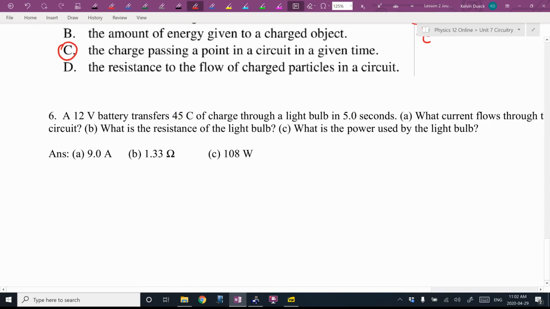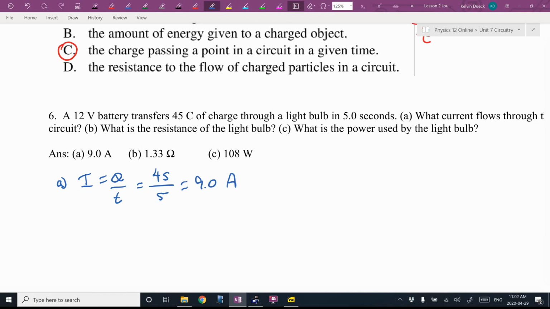So what do they want me to find? First of all, what current flows through the bulb? Current is Q over T. So it's going to be 45 divided by 5. I could do that in my head. 9.0 amps.